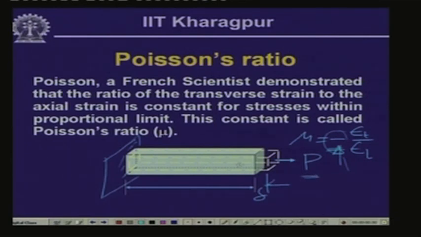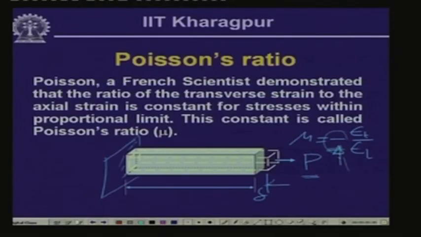Similarly, if this bar is subjected to an axial compressive force, where the length in the axial direction is going to shorten, thereby the other two directions are going to increase, and that shortening of the axial length is designated as negative to the expansion of the other two sides, and that is why this negative sign comes in.